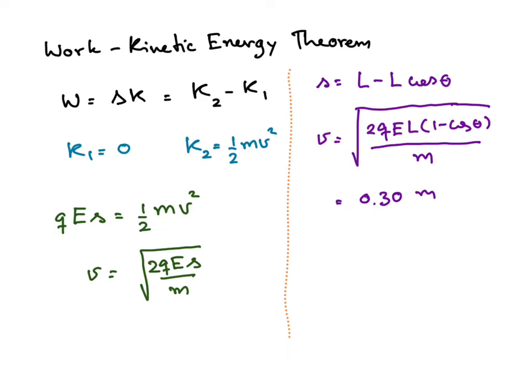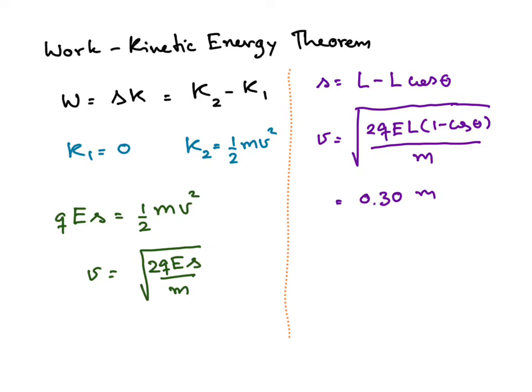Now, we can use the work kinetic energy theorem to calculate the velocity. The work kinetic energy theorem states that the work done on a particle or on an object must equal the change of the kinetic energy, which is the kinetic energy at the final point minus the kinetic energy at the initial point.